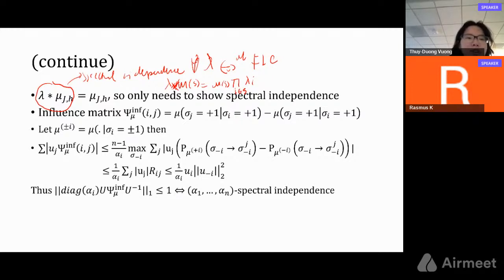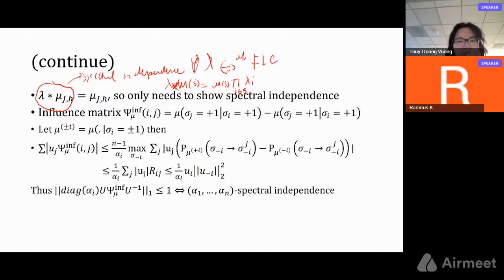Because applying external field, you will recover back an Ising model with the same interaction matrix. That's why if you can show spectral independence regardless of external field, then you can show fractional log-concavity.